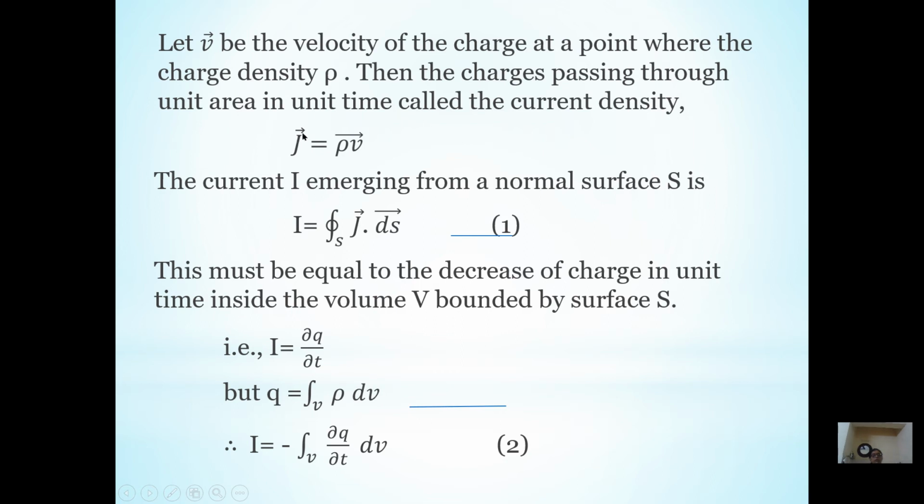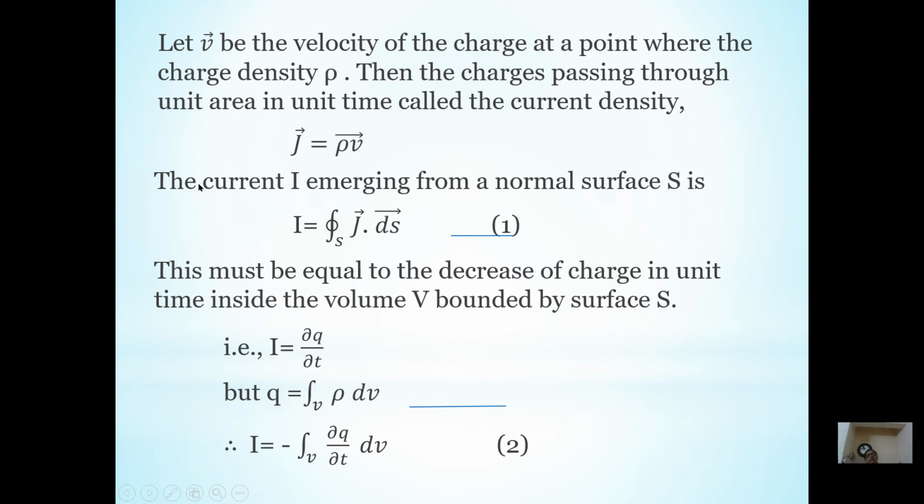Usually you write current density J equal to N E into V, where N is the number of charges, E is the charge and V is the velocity of that charge. But here we have written this current density in terms of charge density, where charge density is rho and V is the velocity of those charges.